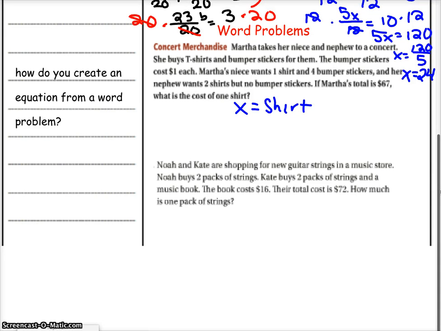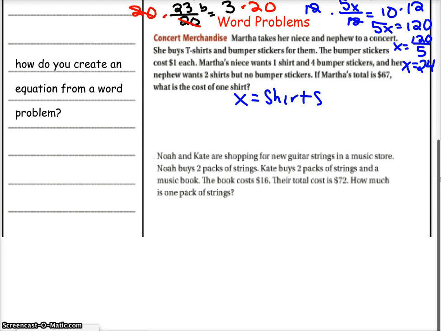And when somebody's buying stuff, do you think you would add all of the costs or subtract all the costs? Add it all to find their total. She's buying stuff for the niece and for the nephew, so she's combining them. Combining means adding.